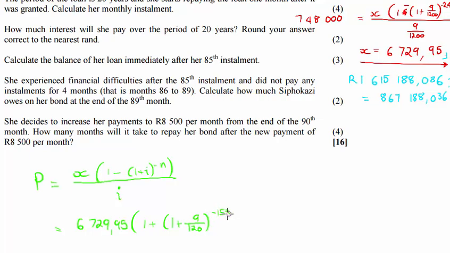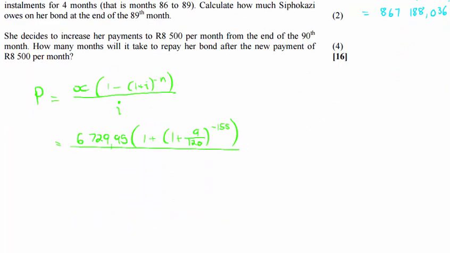Thank you, so the exponent is negative 155, divided by the interest. What answer did you guys get? Petra? 615,097.7512.